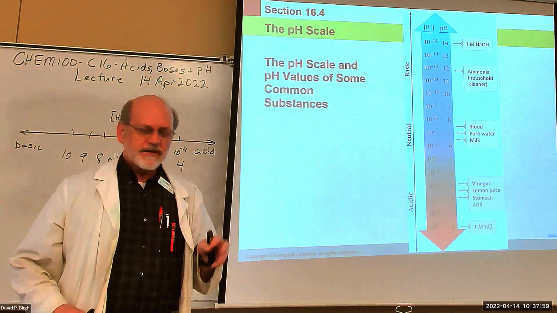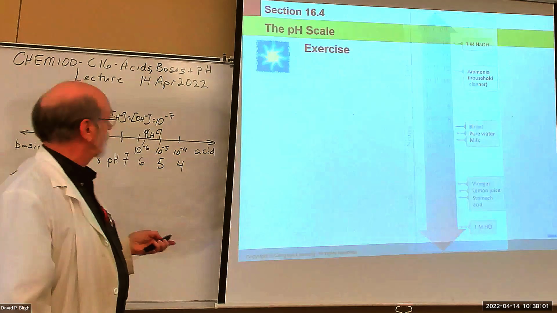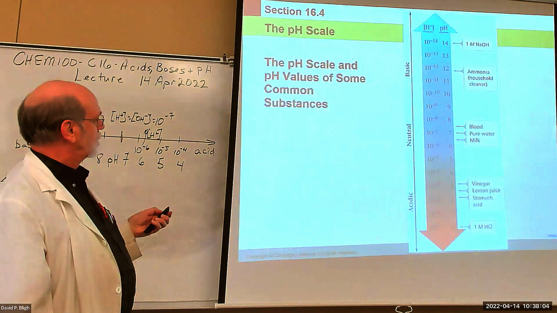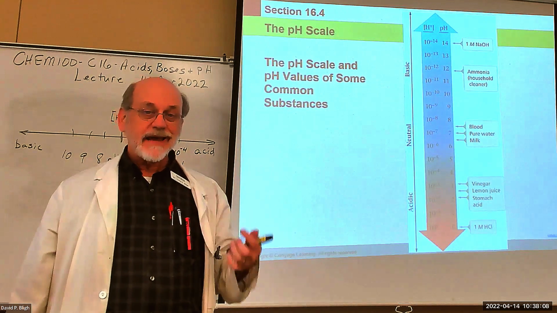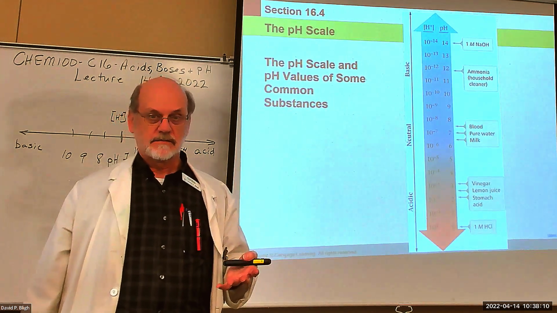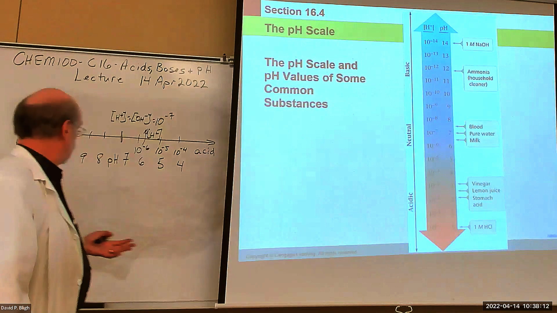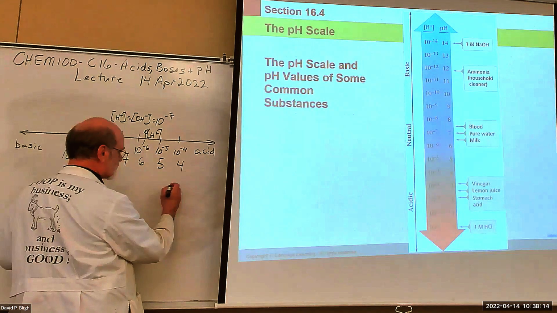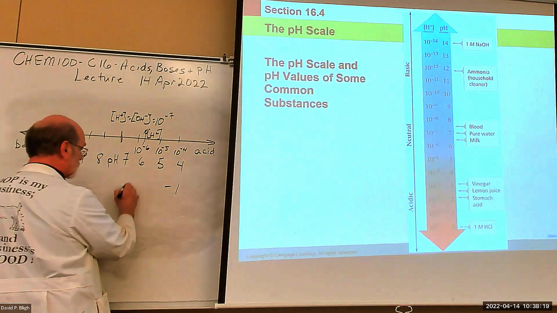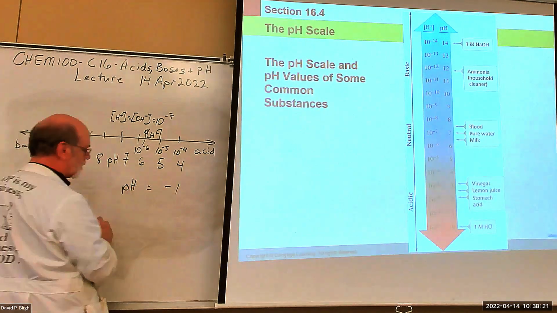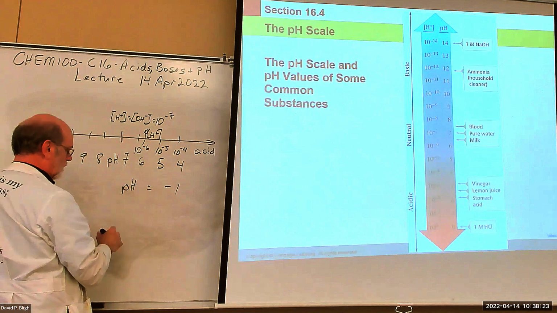So the moral of this story is, let's see. Answer the question, can you have a negative pH value? Can it go to, say, -1? Well, think about it. If pH equals -1, what does that mean?